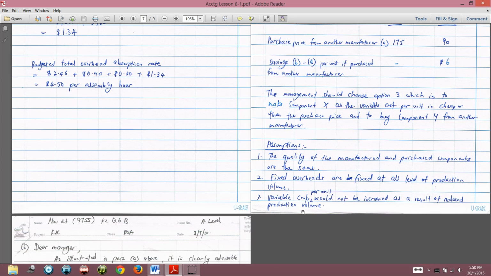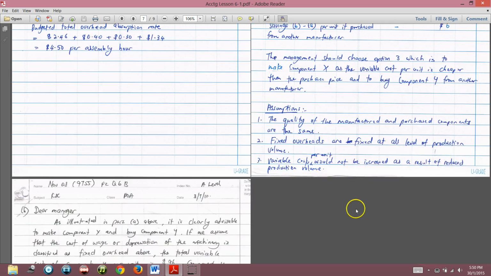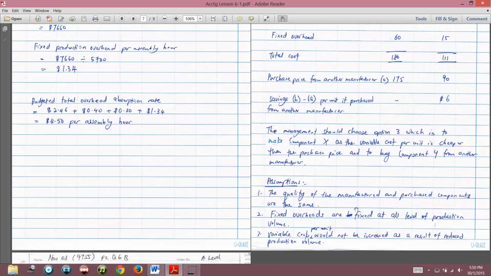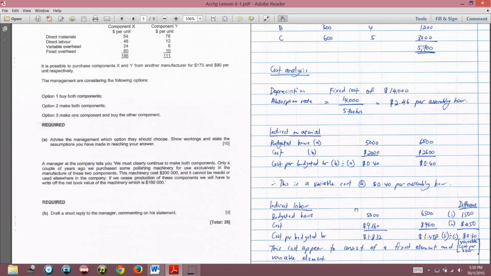So we are just putting an assumption that variable cost per unit would not be increased if we reduce the production volume. Then again, part B of the question is also testing your ability to answer the question according to your own understanding and answer it in your own way.